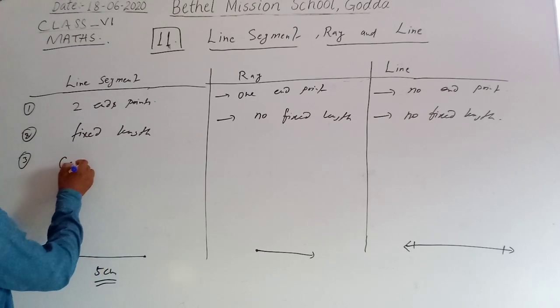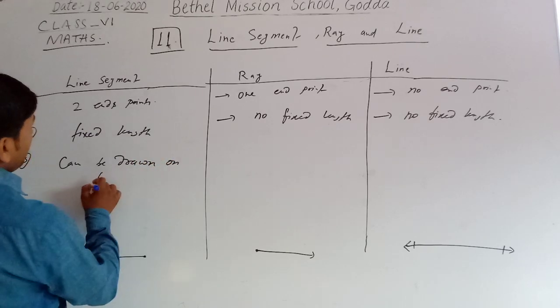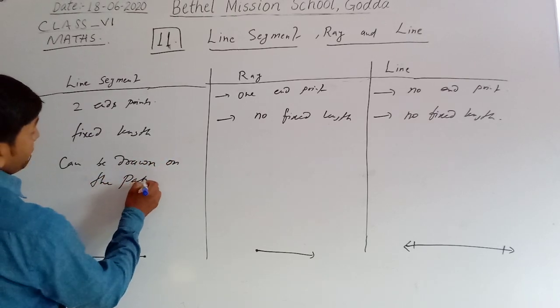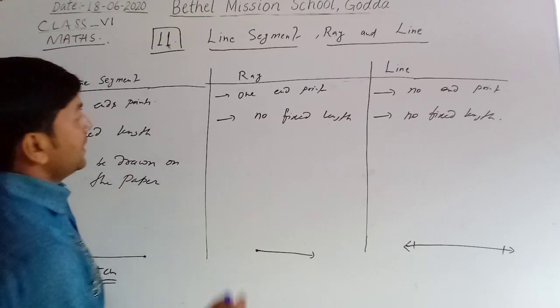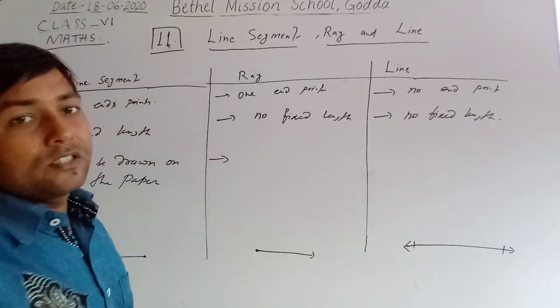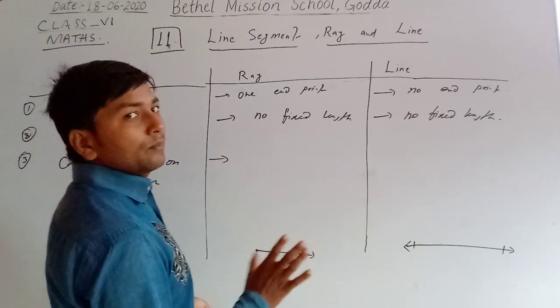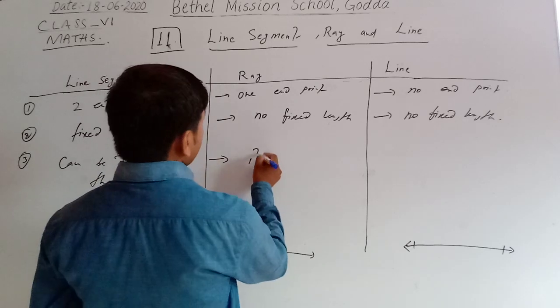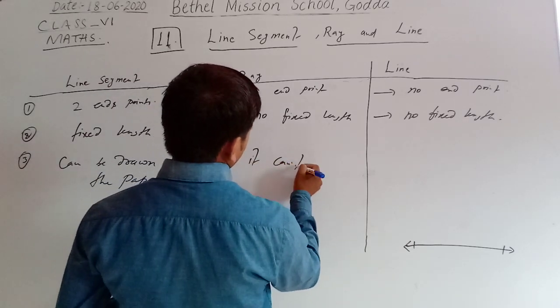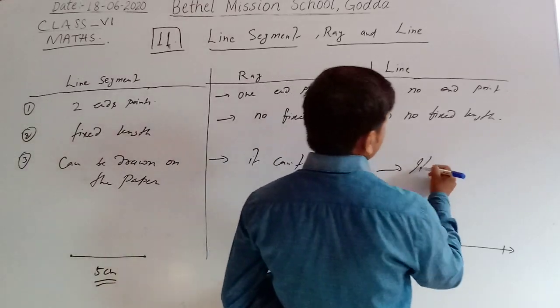It can be drawn on the paper, and ray and line can't be drawn on the paper. We can indicate by symbol only. Okay, it can't be drawn. Also, it can't be drawn.